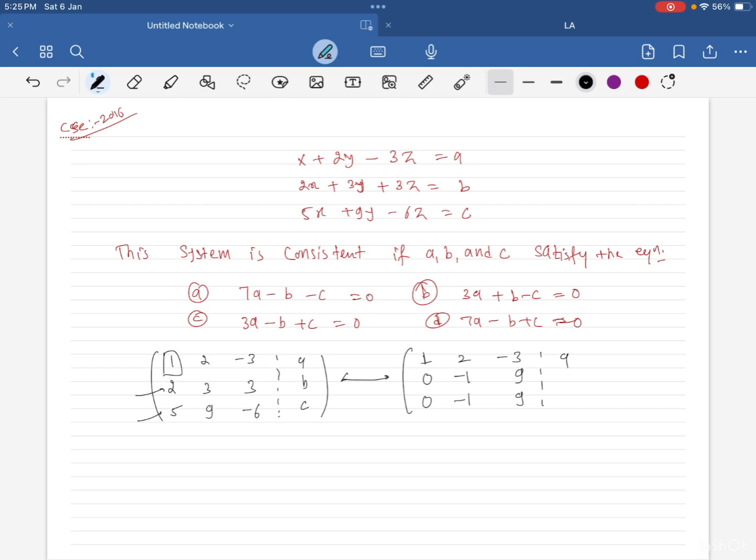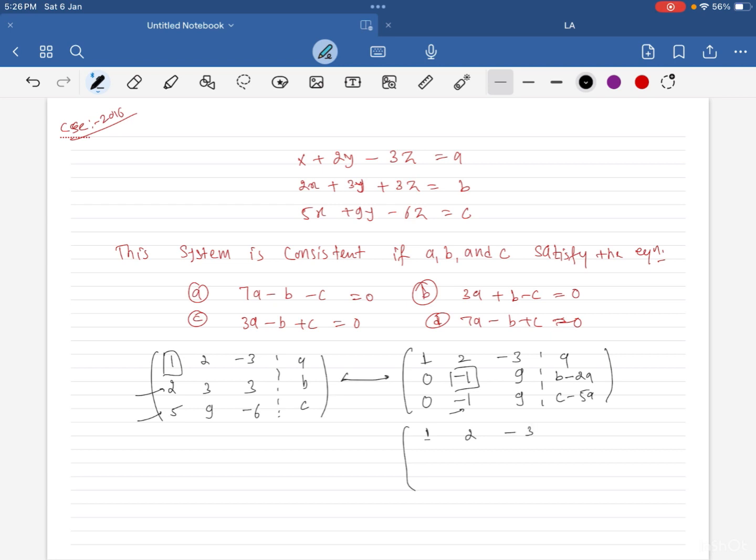What we have done here is b minus 2a, right? And here what we have done is c minus 5a, correct?